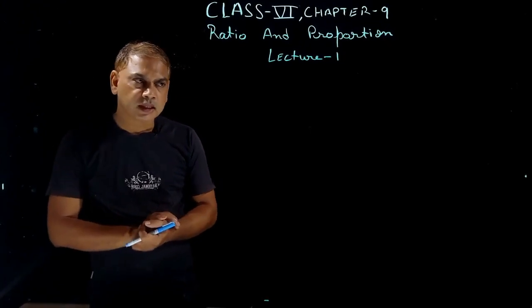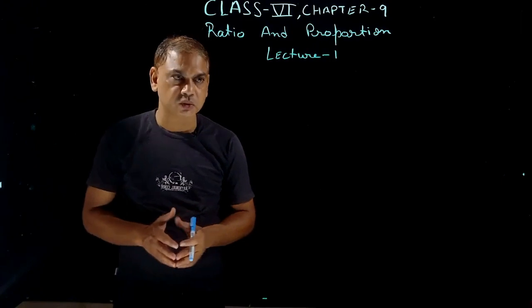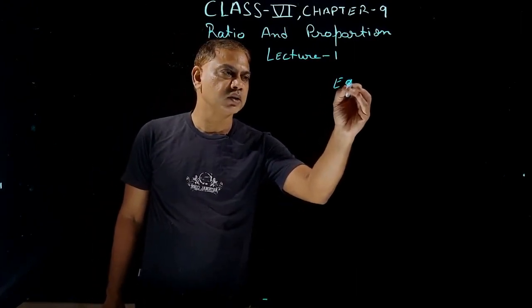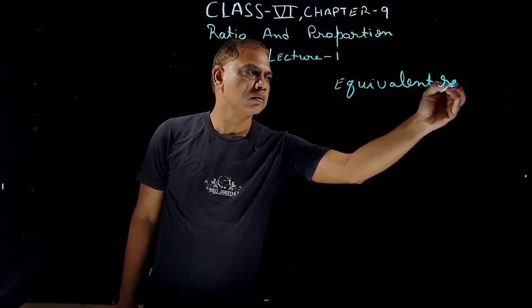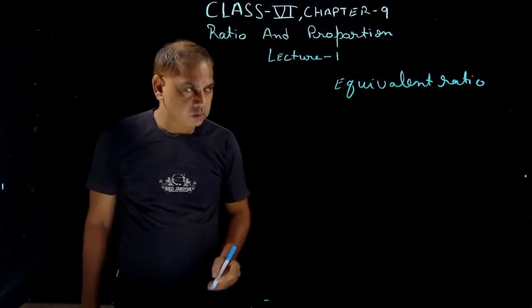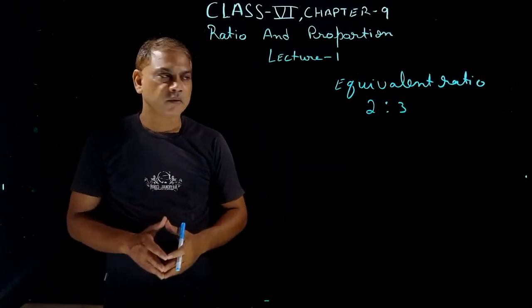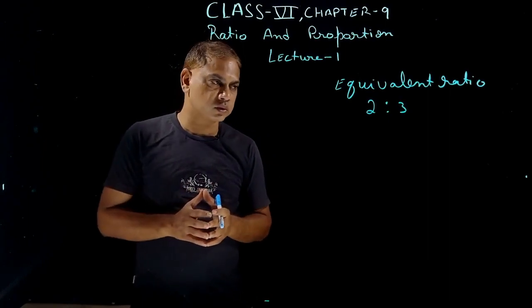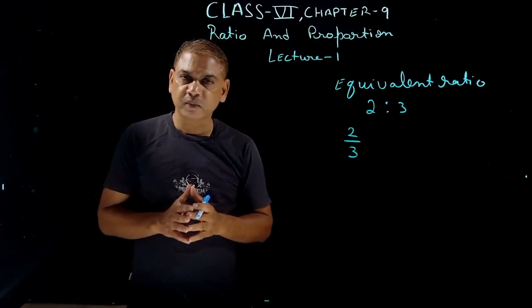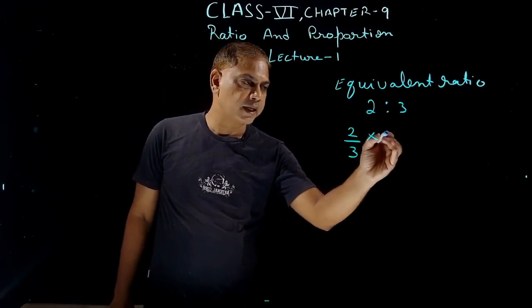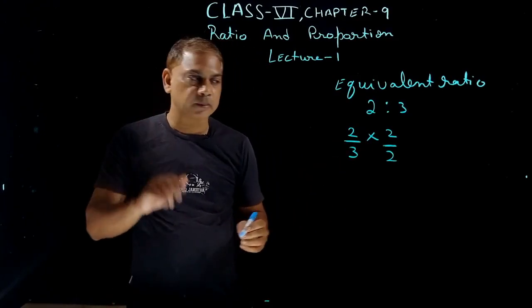Now students, I will take one more example of how to find equivalent ratios. Now let's say 2:3. हमको ratio given है 2:3 and we have to find out 3 equivalent ratios. Okay, what we will do? We will write it like this: 2 upon 3 in a fraction form, right? Now multiply by 2, numerator as well as denominator multiply by the same number. What you will get?